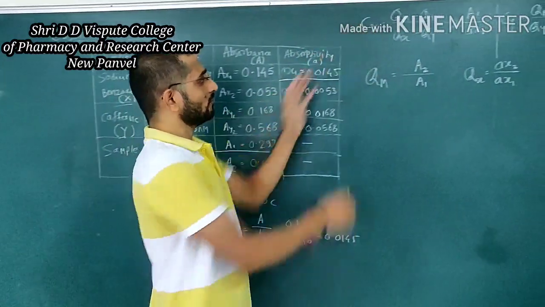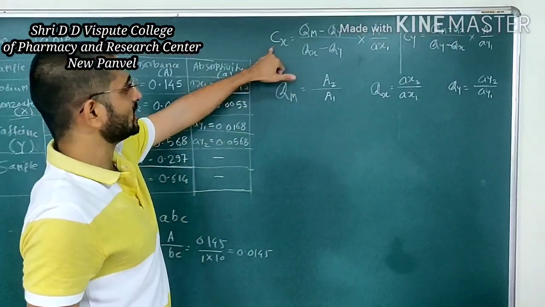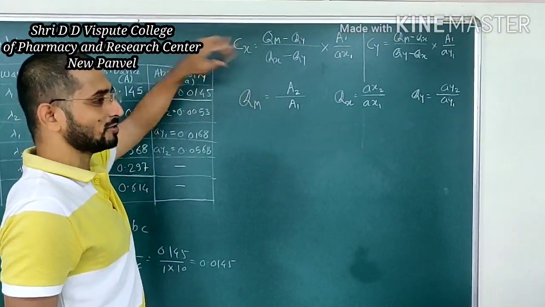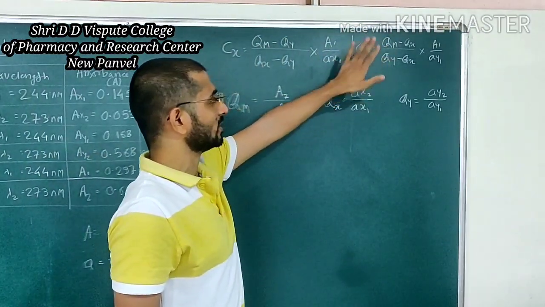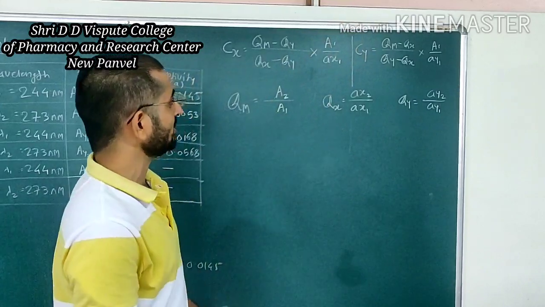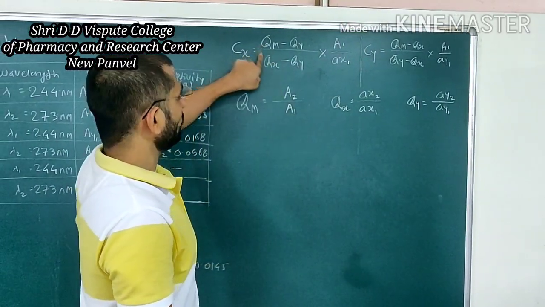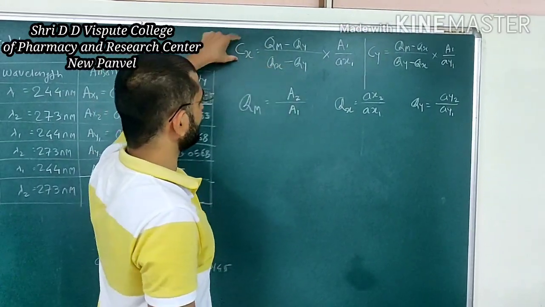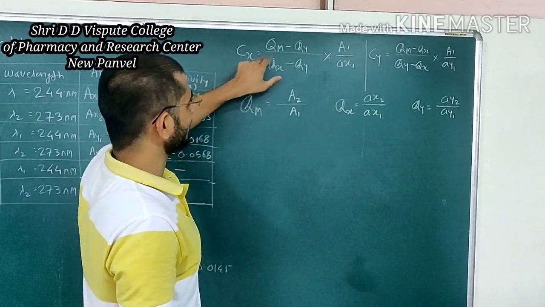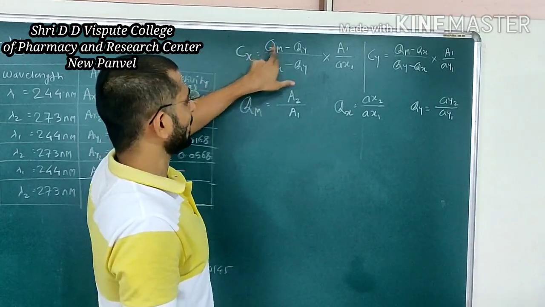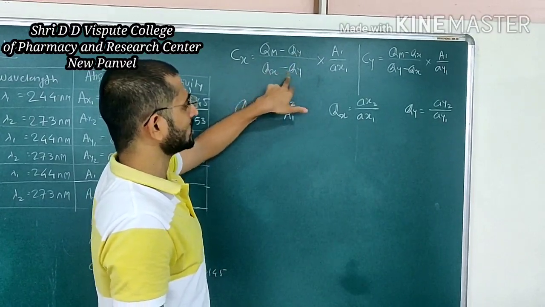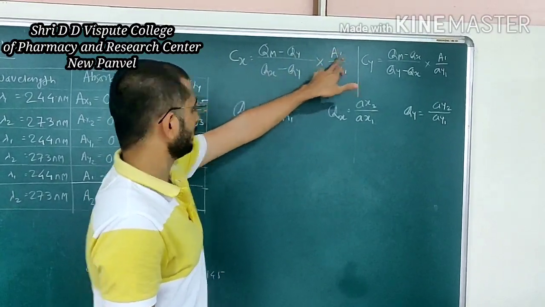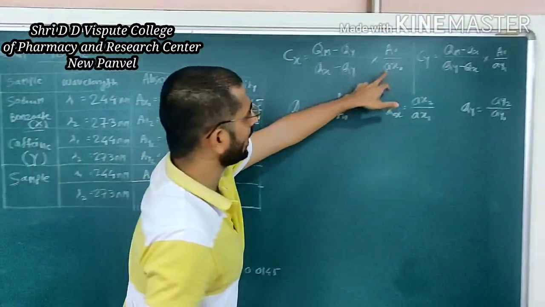Next, the calculation. Cx is the concentration of sodium benzoate in your injection by the absorption ratio method, and Cy is the concentration of caffeine by the absorption ratio method. The formula for the concentration of sodium benzoate is Cx equal to Qm minus Qy upon Qx minus Qy, into A1 upon AX1.